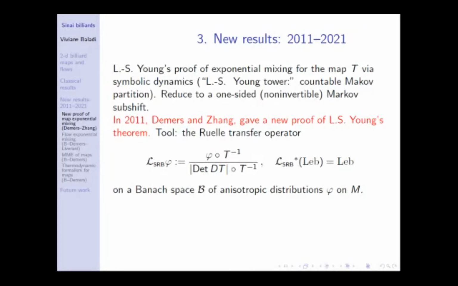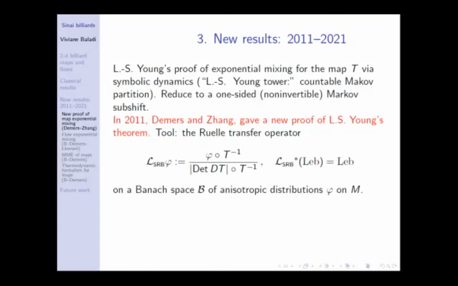So instead of constructing an artificial symbolic system, we just work on the manifold. And what is the relevant operator? It's just a composition by the map, and you divide by the Jacobian. Why the Jacobian? Because you're interested in measures which, at least for the moment, are related to Lebesgue. If you use this normalization dividing by the Jacobian, then the dual of the operator will preserve Lebesgue measure. It's just a change of variable formula in an integral.